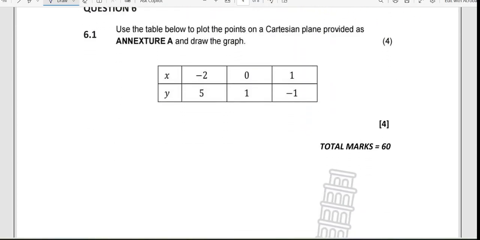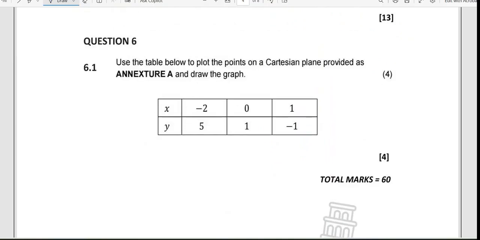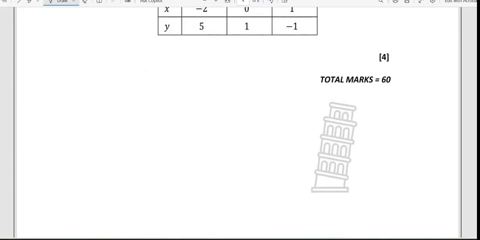Let's proceed to another question. Question number 6. Use the table below to plot the points on the Cartesian plane provided as Annexure A and draw the graph.